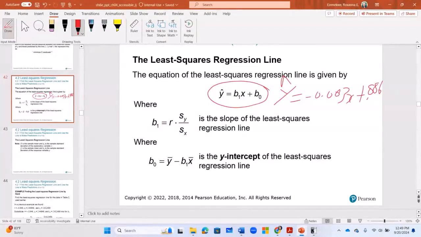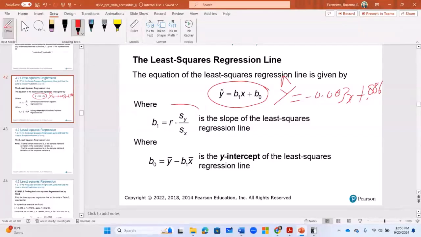The least square regression line, or the predicted equation, or the line of best fit is negative 0.003x plus 0.886. The regression equation has a negative sign. In other words, the slope is negative. Therefore, the coefficient of correlation will be negative also.